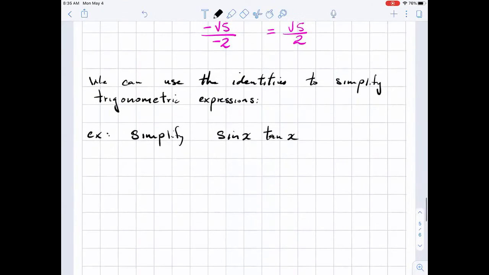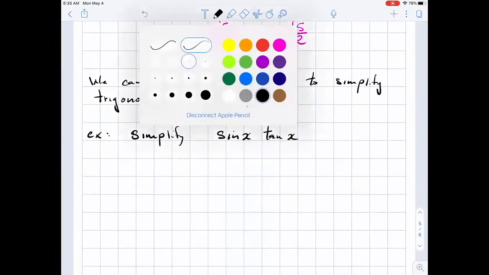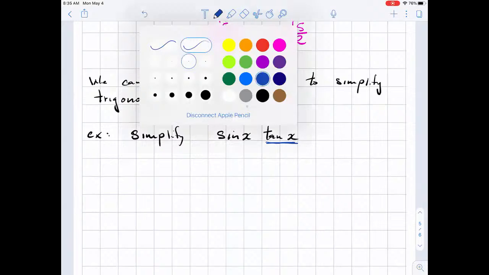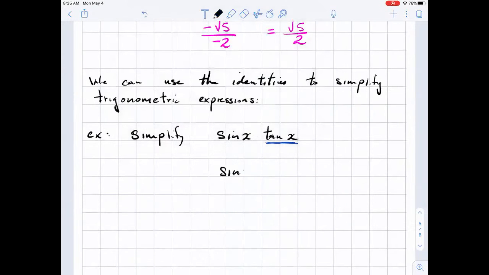Well, which one of these can we replace? There are probably at least two ways this could be done, right? We can replace tangent x, because that's sort of like a given. So sine x stays the way it is. Let's keep that, sine of x.